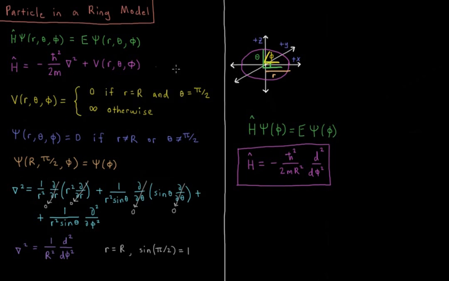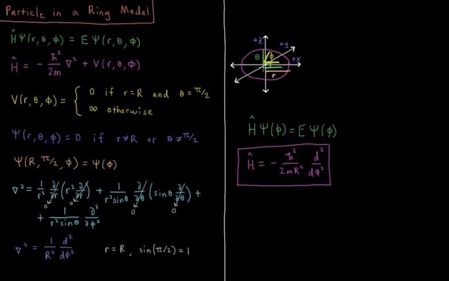Okay, so what is the potential that this particle is going to feel? Well, we want it to be free to move anywhere within the circle, and we want it to be forbidden from going outside the circle. One way we can do that is to set the potential energy to 0 if our particle's radius is equal to big R, and if the polar angle theta is equal to pi over 2, or 90 degrees.